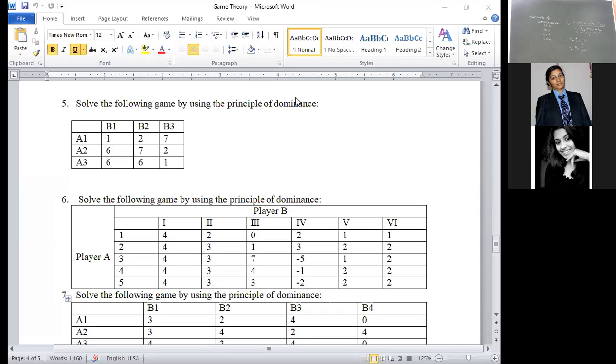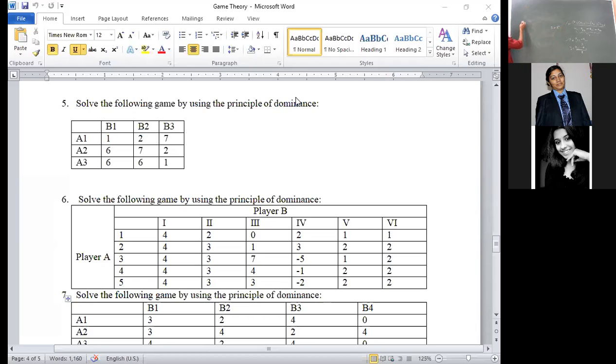For example, listen students, if I consider a 4 by 3 or 4 by 4 or 5 by 5 matrix, that means player A consists of A1 to A5, 5 strategies. Similarly, player B consists of B1 to B5 strategies.